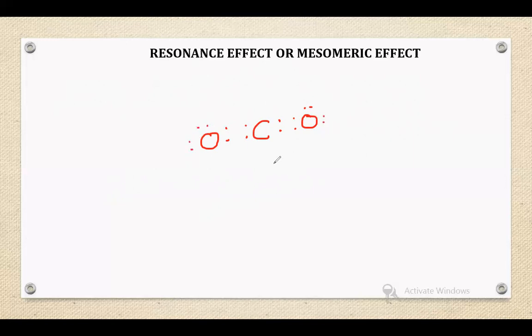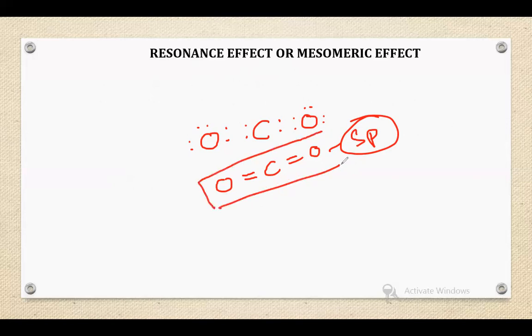So carbon and oxygen we write with a carbon-oxygen double bond. One electron shifts here, no? So carbon-oxygen triple bond with a single bond, with sp hybridization, not sp2. Keep in mind, it's exactly like a triple bond. If you write this, it is the resonance hybrid structure, the stable structure.